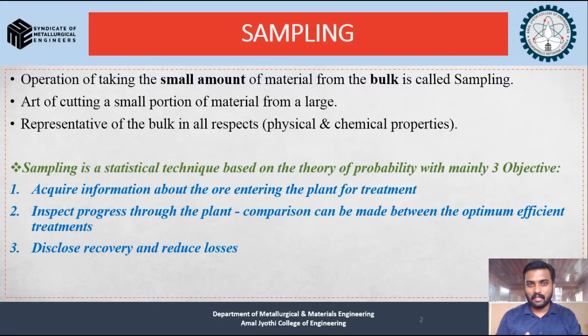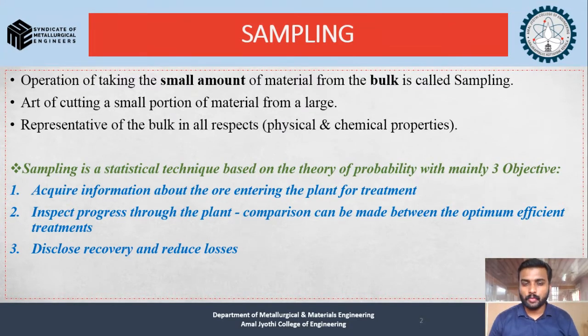If it is a chocolate cake, you might have a previous experience: okay, it's going to taste like this, and it should have this kind of texture, this kind of fluffiness, and those kinds of things might be in your mind. So by doing all this efficient process, what we are ultimately doing is reducing losses and improving recovery, and these are the objectives of sampling.